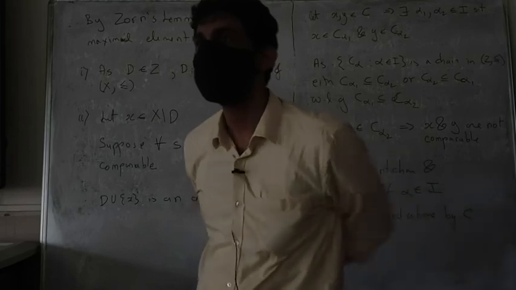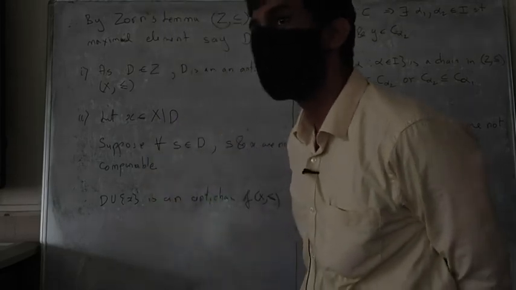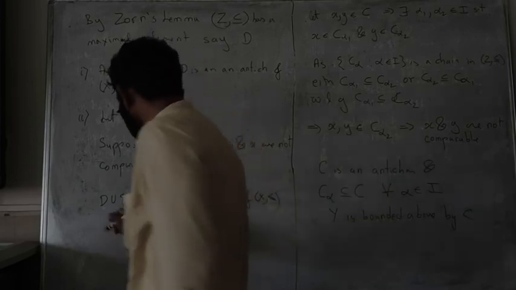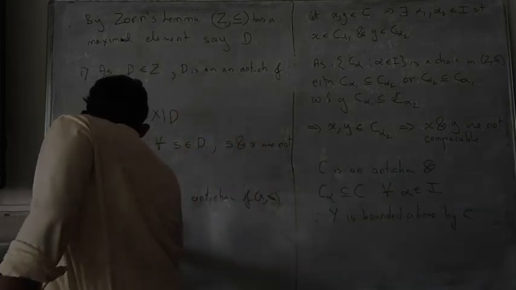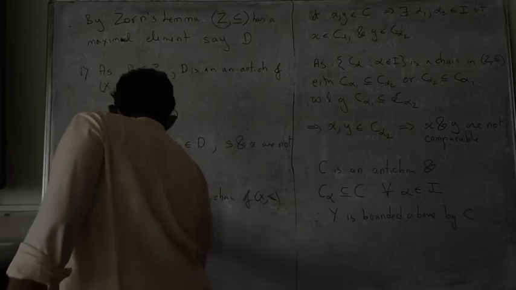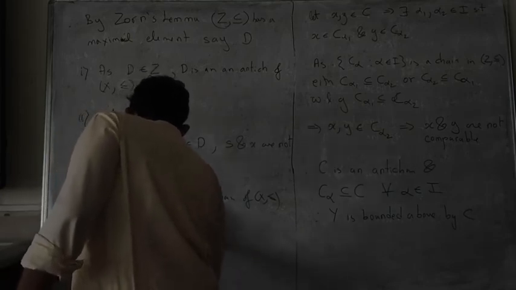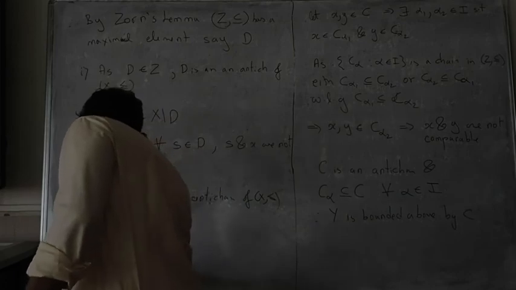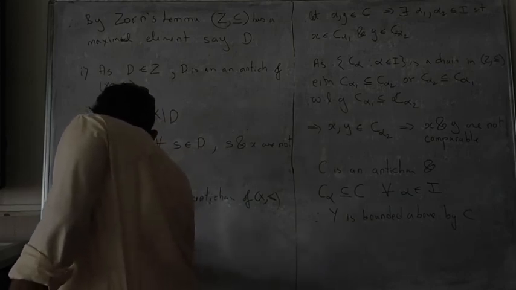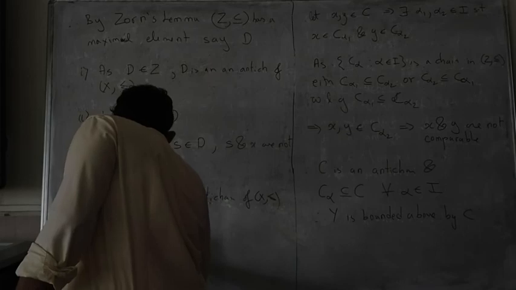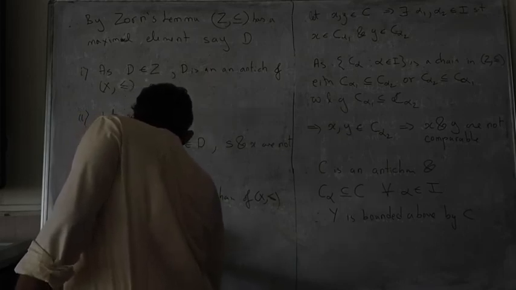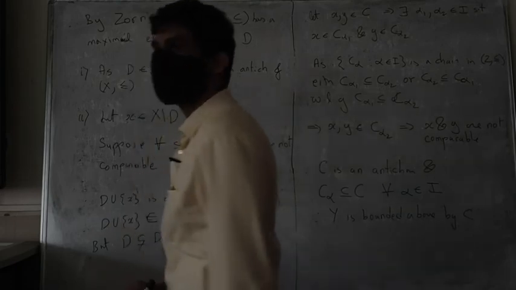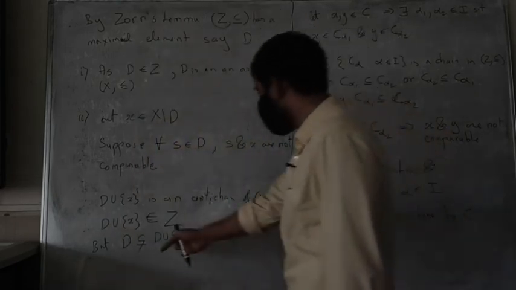Can that be possible? Why? Exactly, because D is an anti-chain that is maximal. D union X is an element in Z, right? But D is strictly contained in D union X, because X is not in D. So this is not possible.